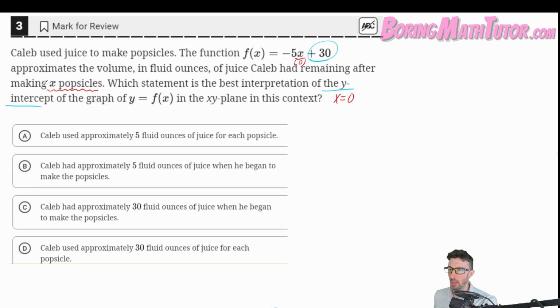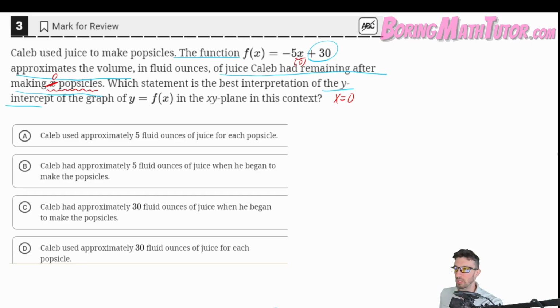But 30 what? Well, it tells you that the function approximates the volume of juice that Caleb had remaining after making x popsicles.